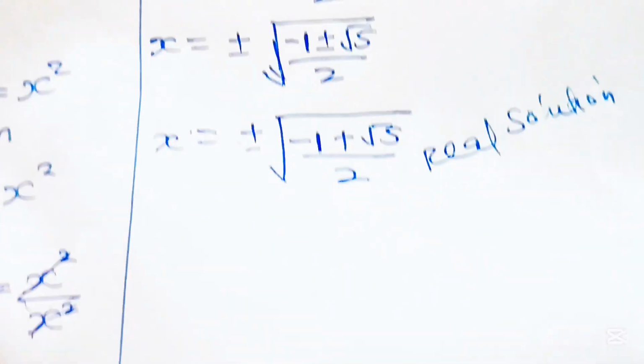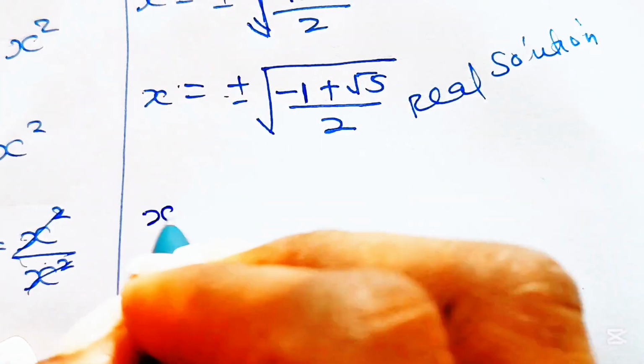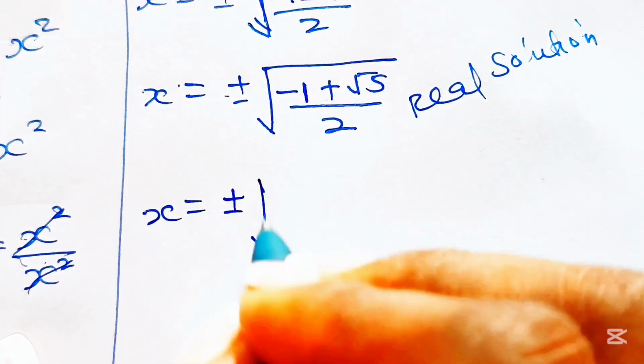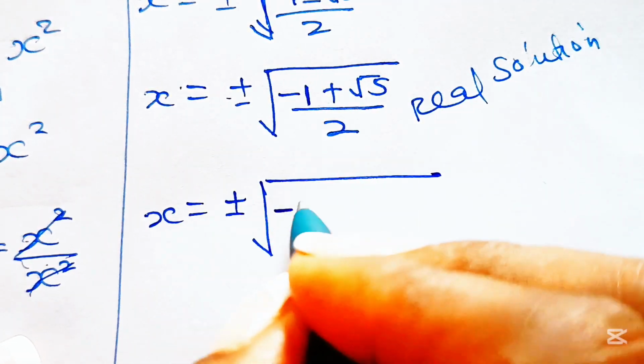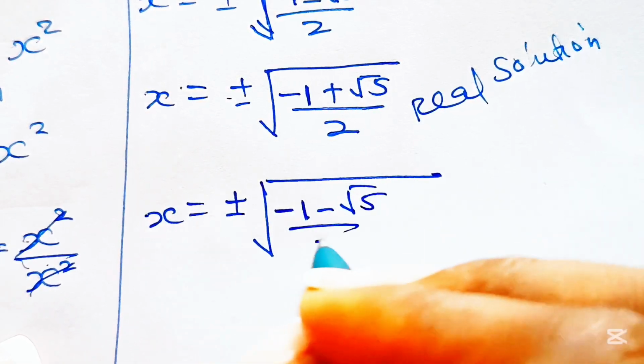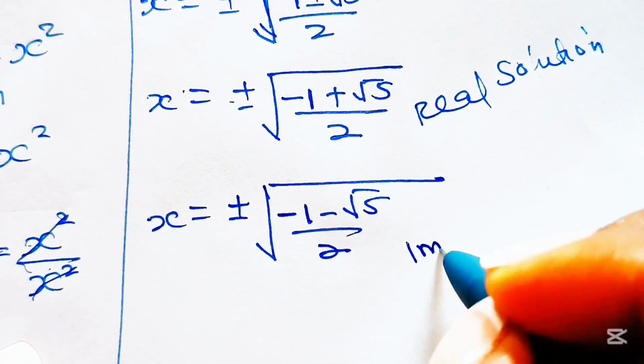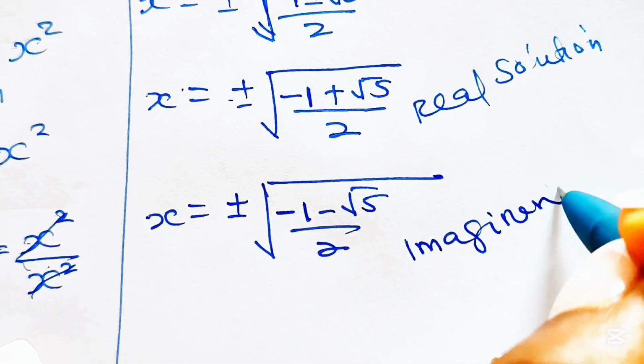Then another value of x is equal to plus or minus the square root of minus 1 minus root 5 divided by 2, and this will give us an imaginary or complex solution.